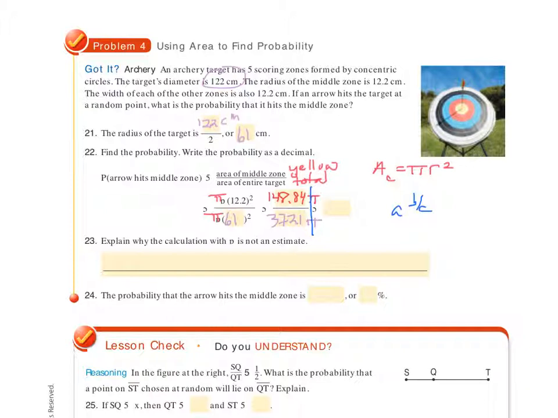So if I put this in my calculator, 148.84, and I'll show you in a minute here on your graphing calculator. Okay, so this reduces to the fraction 1 over 25.